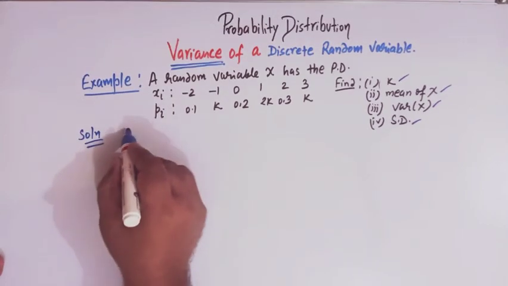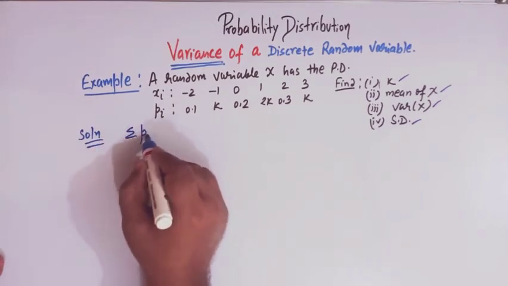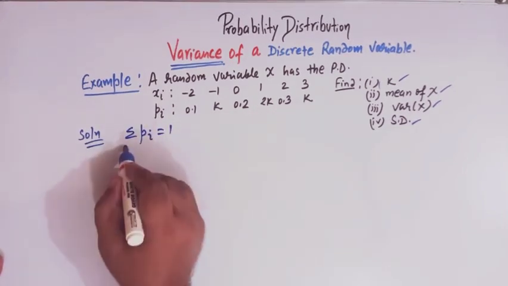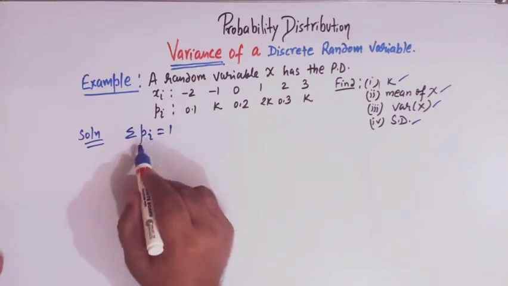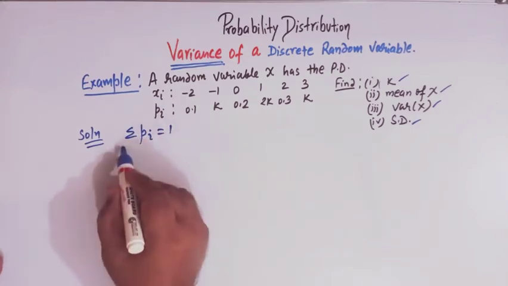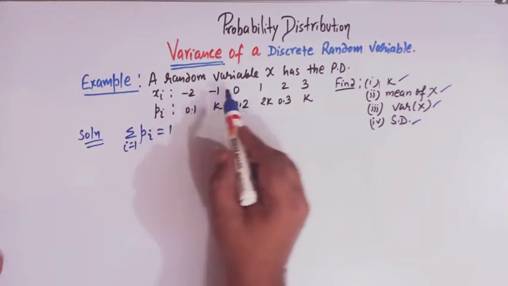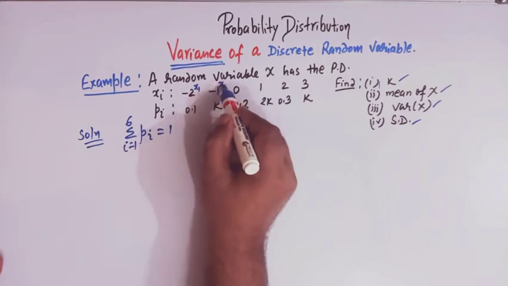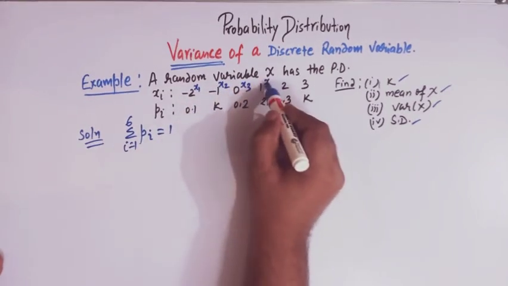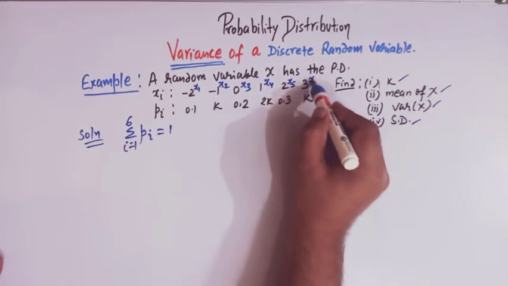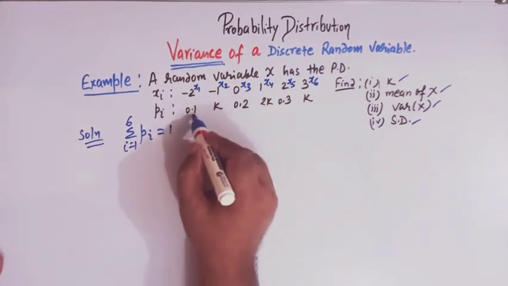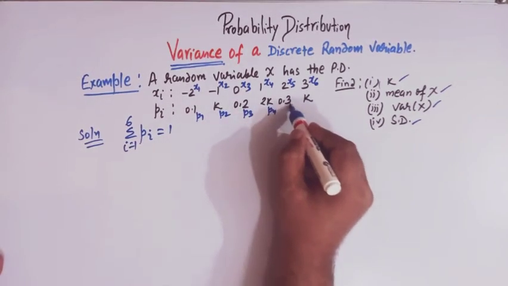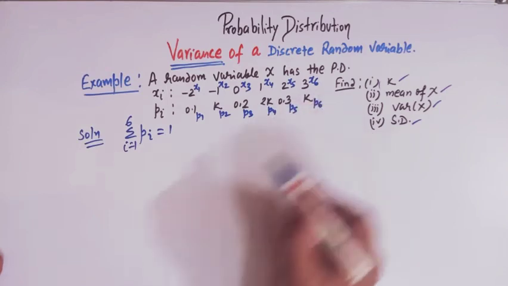Now to find the value of k, we will make use of the concept that the sum of all the probabilities should be equal to 1, right? So sigma pi is equal to 1, where i varies from 1 to 6, because this is x1, x2, x3, x4, x5, and x6, and these values are p1, p2, p3, p4, p5, and p6.